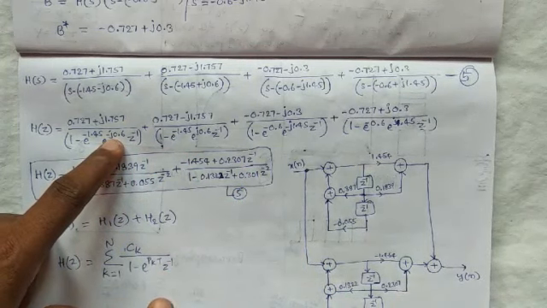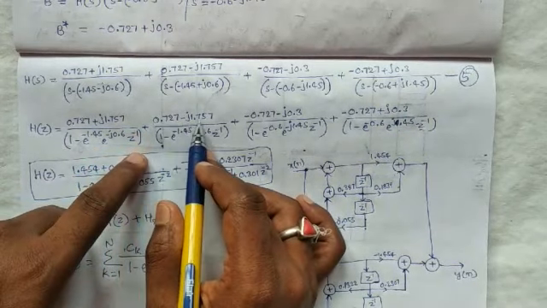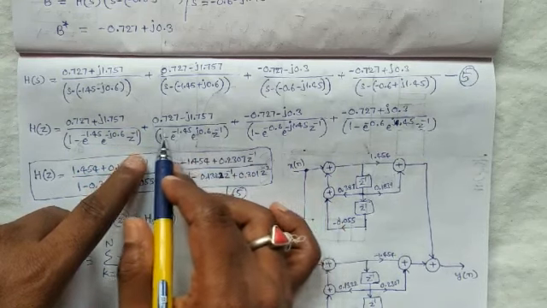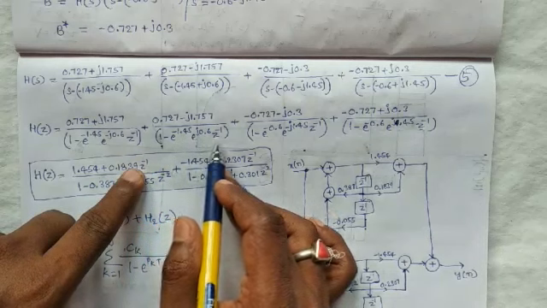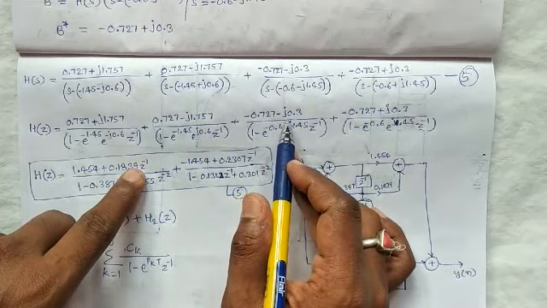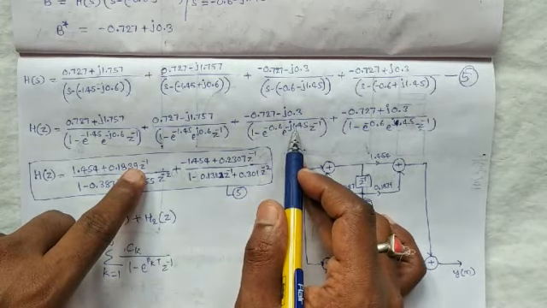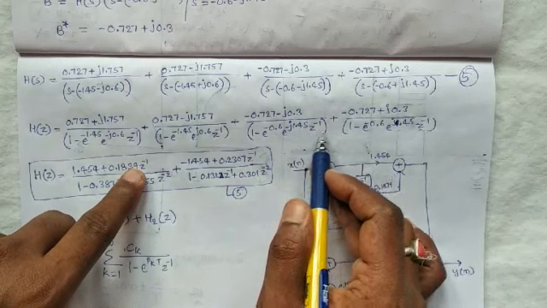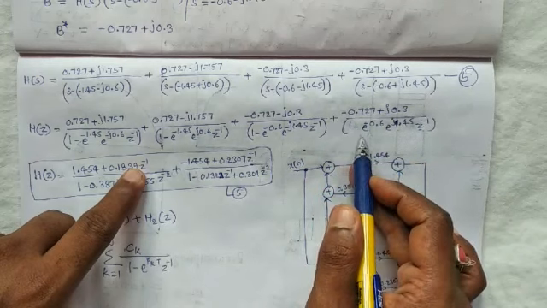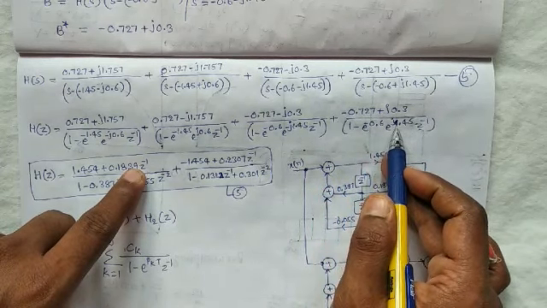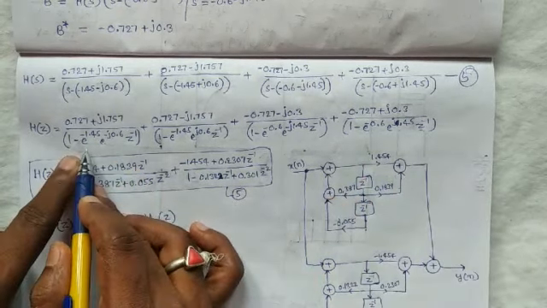Similarly, all the terms I am writing: 0.727 minus j1.757 by 1 minus e power minus 1.45 into e power j0.6 z power minus 1, plus minus 0.727 minus j0.3 by 1 minus e power minus 0.6 into e power minus j1.45 into z power minus 1, plus minus 0.723 plus j0.3 by 1 minus e power minus 0.6 into e power j1.45 into z power minus 1.